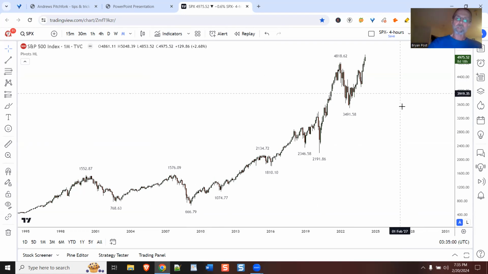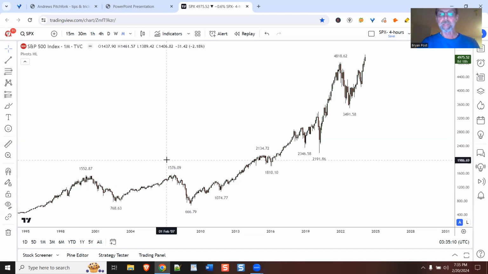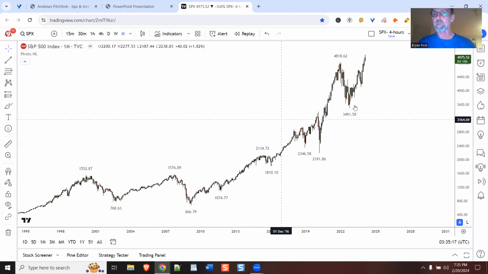And what these tools are doing is identifying the significant points where price has changed direction. And this tool in TradingView is marking those points with the price at the turn.